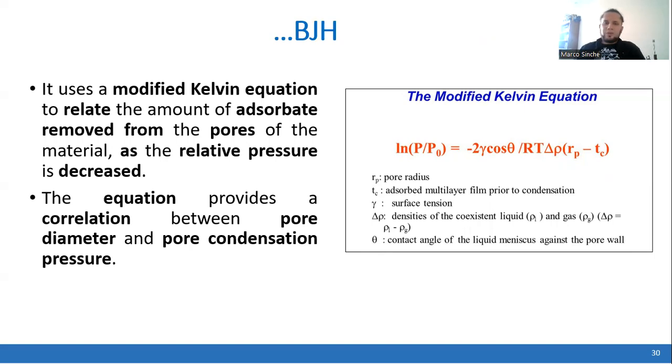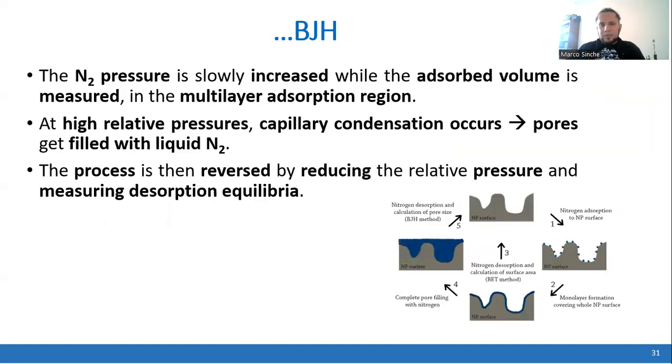It means that first, all the pores are filled with the probe gas, and then the desorption process will take place, and this volume will be measured. So this technique will allow determining the pore diameter and the pore condensation pressure, which will be used to determine other characteristics of the materials.